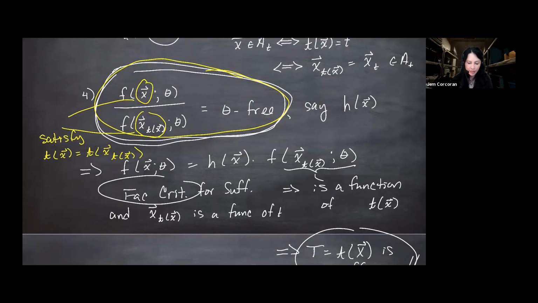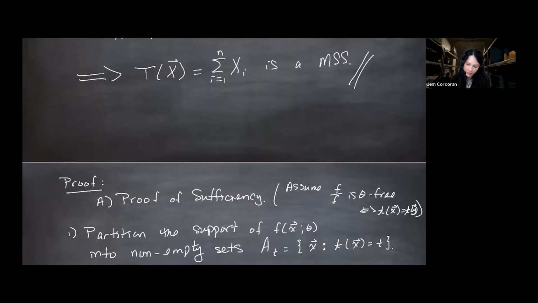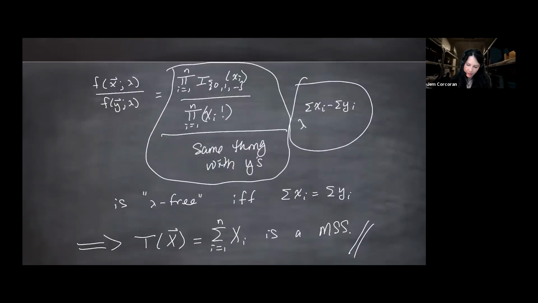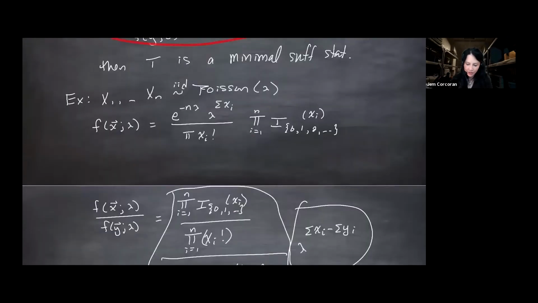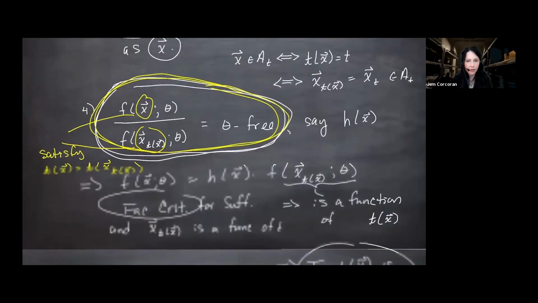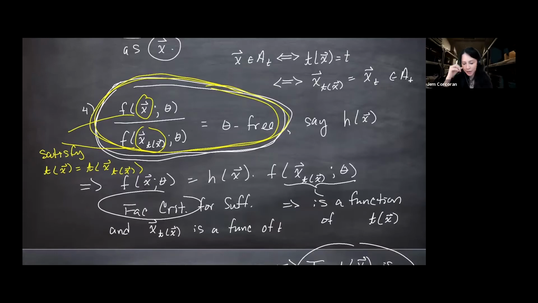And then everything going forward is the same because I went forward assuming this big circle. And so again, I get that big circle because I look at this guy and this guy. I'm not saying they're the same, but they're in the same class. And that means that if you put them through the function T, they map to the same thing. And so therefore, I've got this holding, which implies that this holds. So I get to say that this thing in the circle is correct, that that ratio is theta free.